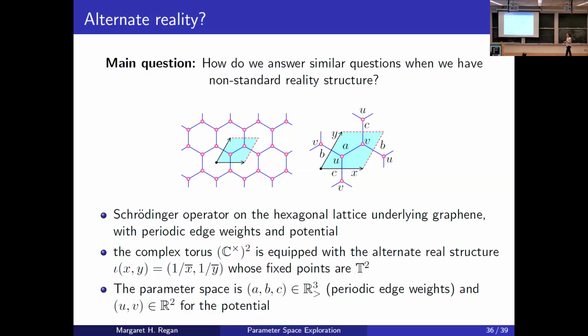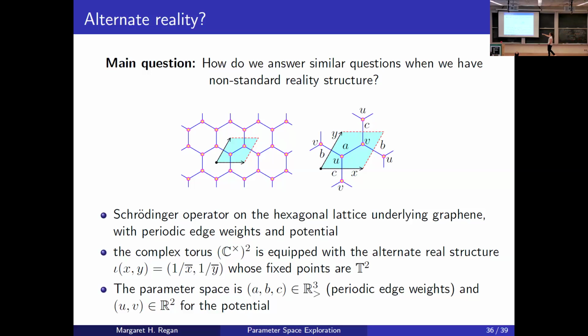One of the cases, this example will show up in some form in Matthew's talk later in the week. If we look at the Schrodinger operator on the hexagonal lattice that underlies graphene, we have real parameters A, B, and C, and real potentials U and V that define this structure.